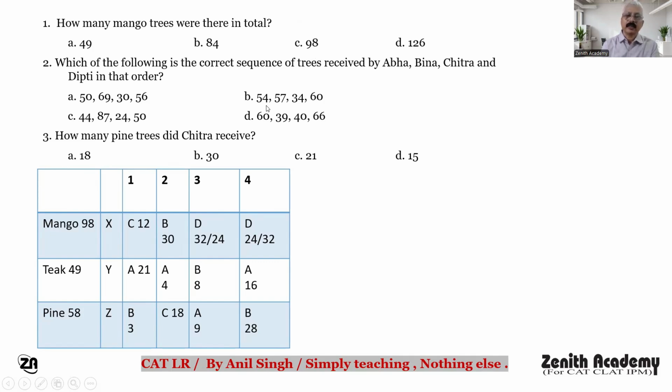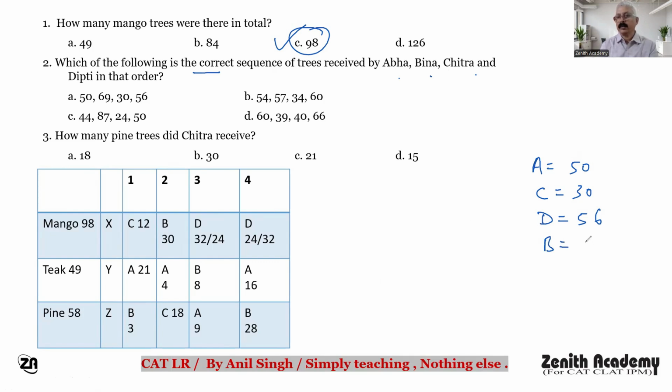Which of the following is correct? So it is 98. And which of the following is the correct sequence of trees received by A, B, C, and D? So Abha we have just calculated 50, and Chitra was 30, and D was 56, and B was 69.